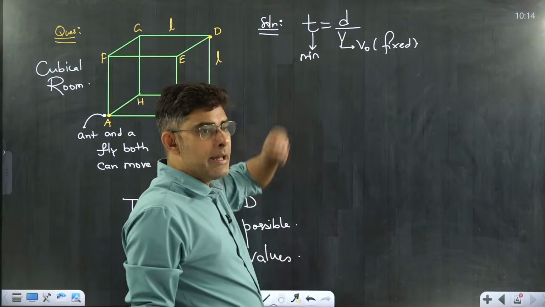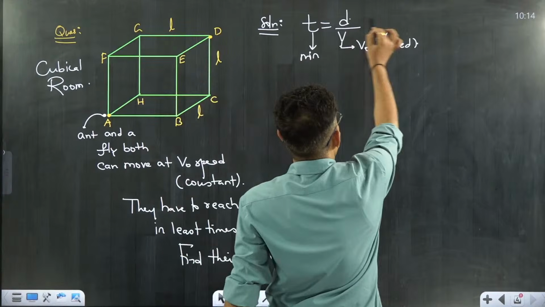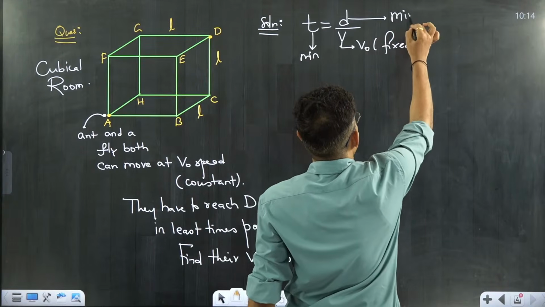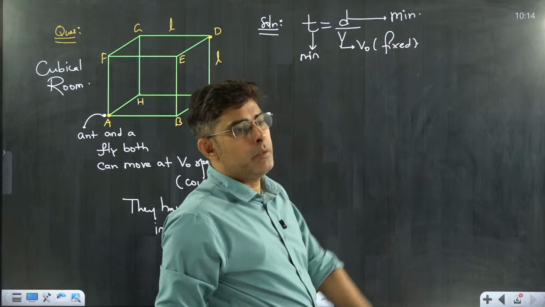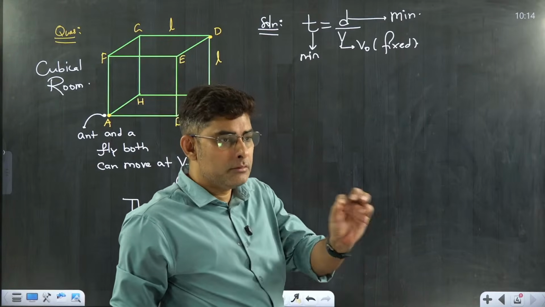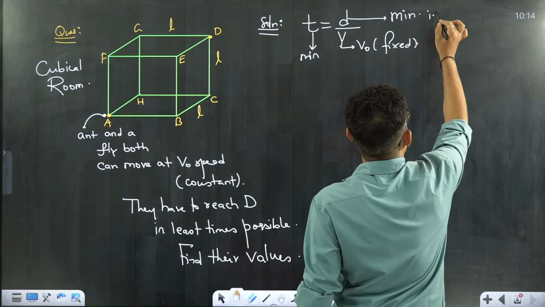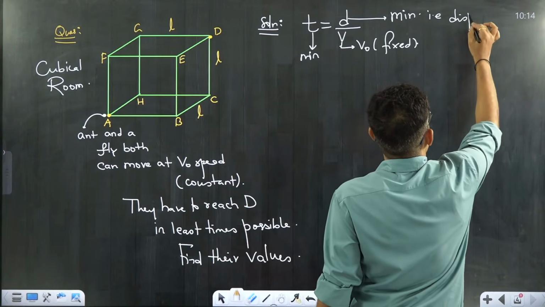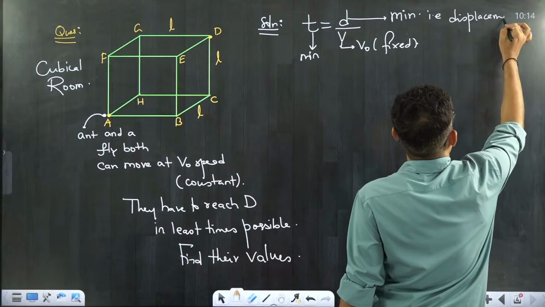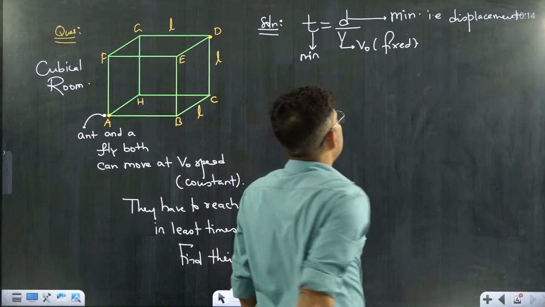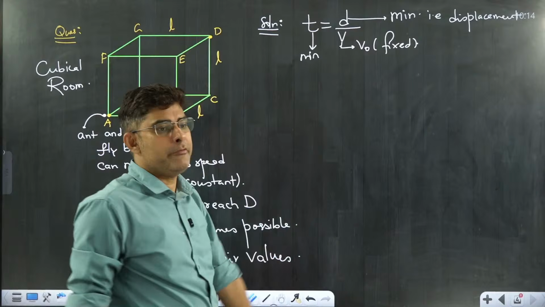So if I have to make time minimum, D should be minimum. And what is minimum D? D minimum means the shortest D, which is displacement. So minimum D is displacement, so displacement by V naught.